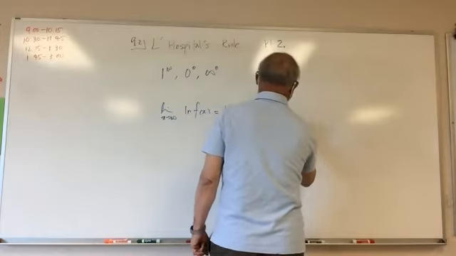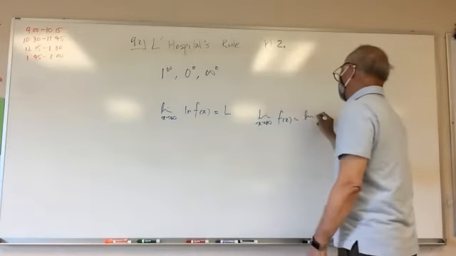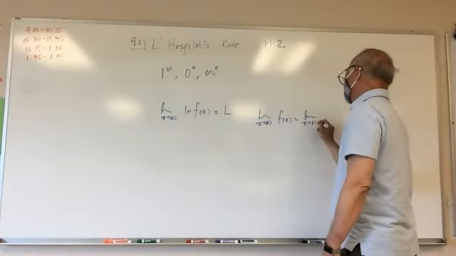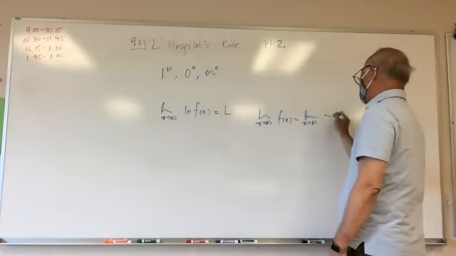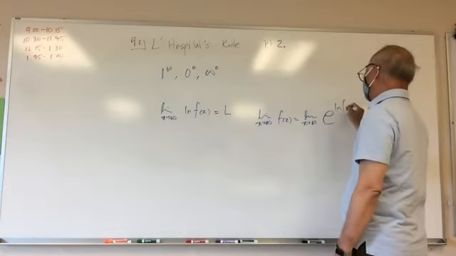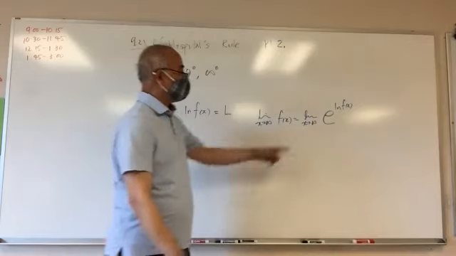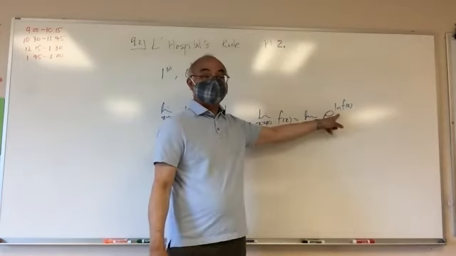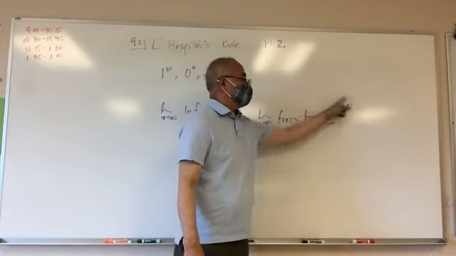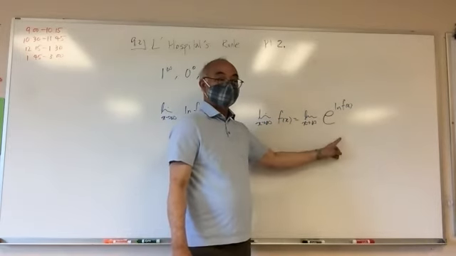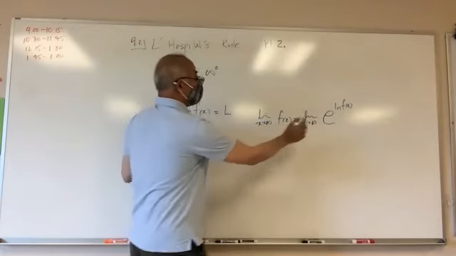this one. And I'm going to say that this is the same as e to the natural log of f of x, right? Because I have e, but then I have the natural log here. So basically, this becomes f of x. But I know where this goes.